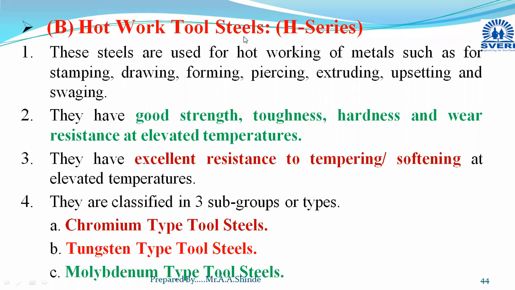And the examples of these operations are like stamping operation, drawing operation, piercing, or extrusion, or forming, upsetting, or swagging. These are different hot working operations. Okay, and tools used for performing these hot working operations of the metals are termed as hot work tool steels. The material used for that is hot worked tool steel.